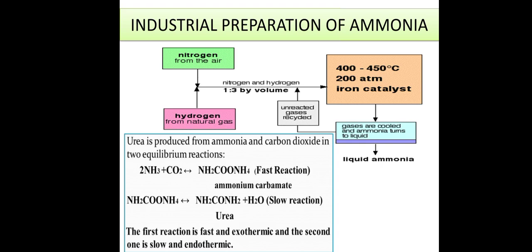The conditions for the preparation of ammonia are: temperature of 550 degrees Celsius, pressure of 200 atmosphere, and the catalyst iron powder in the presence of promoter like Al2O3 and K2O. At this condition, combination of N2 and H2 is an exothermic reversible reaction.